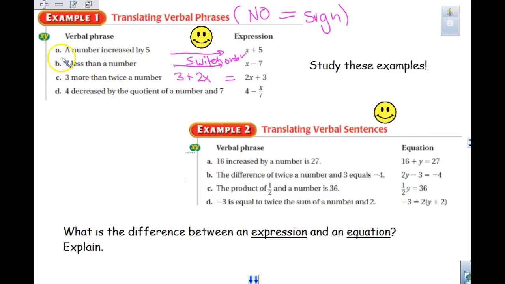But again, a lot of times they get confused in the same way they do with less than, and they like to think of it as switching the order. But does it matter with addition? It doesn't matter, just so you know that. Does it matter for multiplication and division?